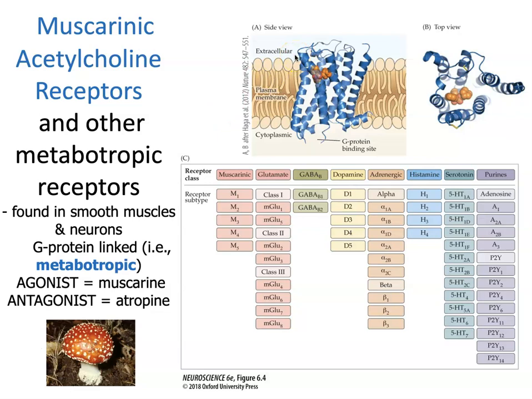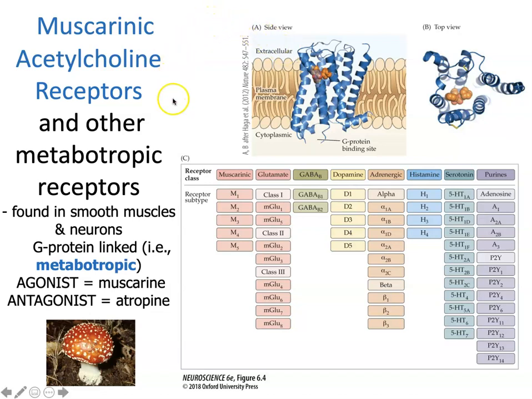Scopolamine is useful for motion sickness. I tend to actually have really bad motion sickness when I'm in a bus. Scopolamine will work directly at the synapse.